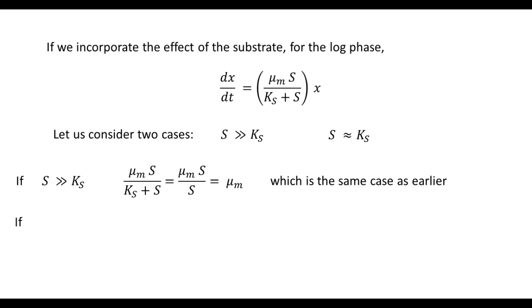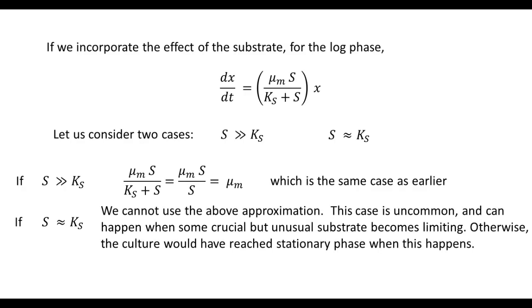Now, the second condition, if S is approximately equal to Ks, then we cannot use the above approximation. You cannot say that you can replace Ks plus S with S alone, because both are comparable. This case is rather uncommon in the case of a batch bioreactor, and can happen when some crucial but unusual substrate becomes limiting.